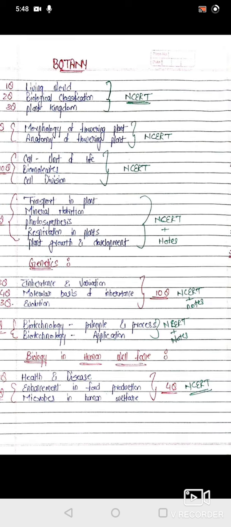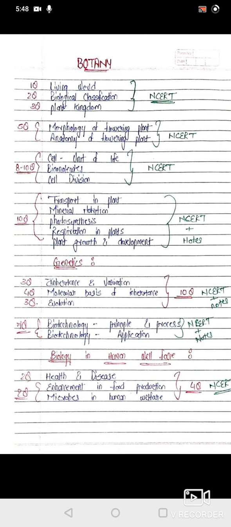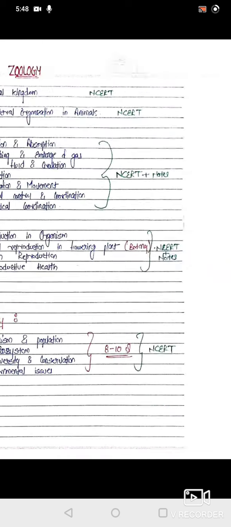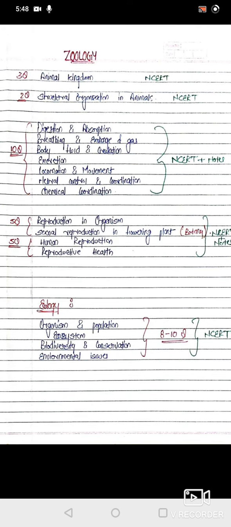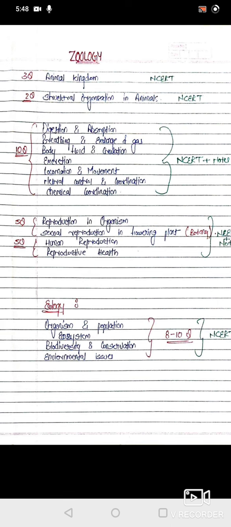Then if you consider plant physio, it consists of 5 chapters and it gives 10 questions. And animal physio consists of 7 chapters and it gives you 10 questions. So considering animal and plant physio, in total you have 12 chapters and in total they give 20 questions.